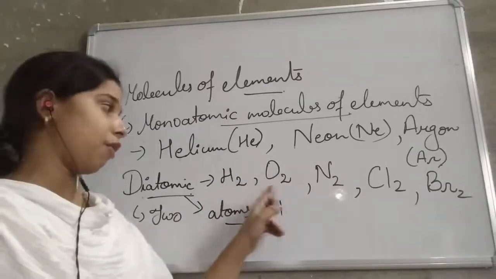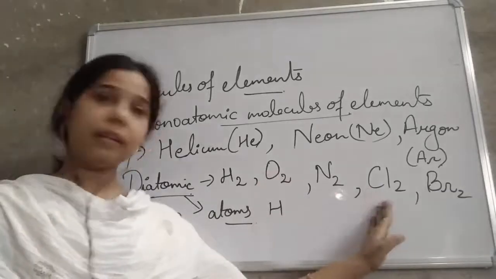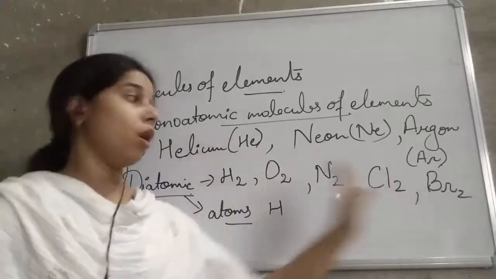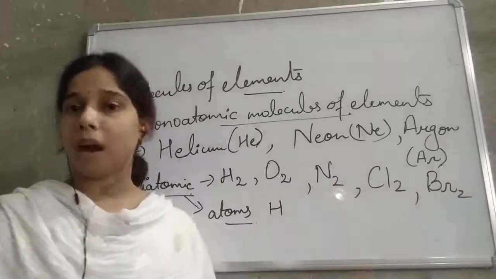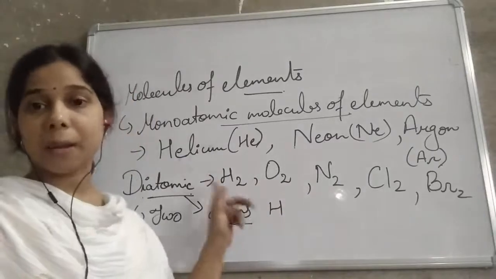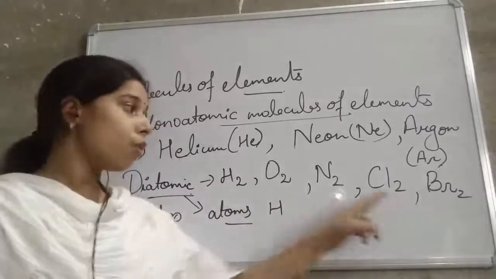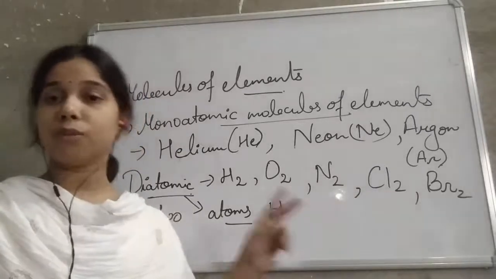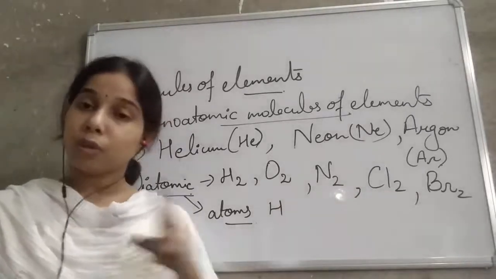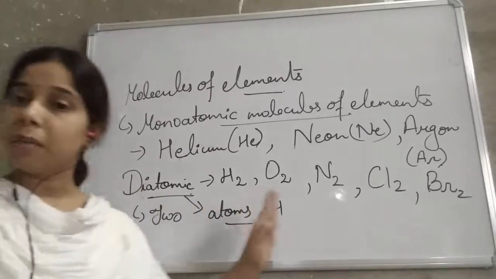Oxygen gas is in the form of O2, nitrogen gas in the form of N2, chlorine gas in the form of Cl2, bromine liquid exists as Br2. So the two atoms combine together to form the hydrogen molecule, or the chlorine molecule. So here two atoms form the diatomic molecule.